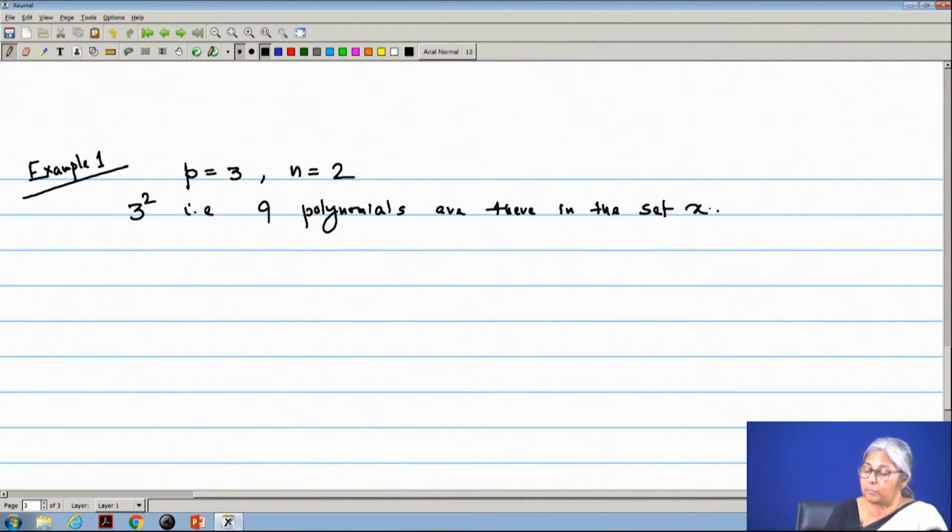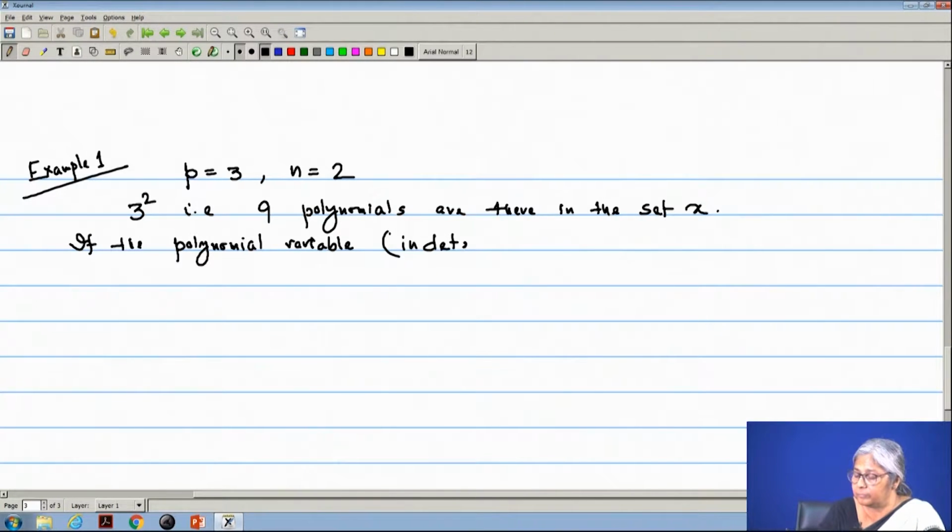So, if we consider the polynomial variable, normally we call the indeterminate, if it is x, then what are the polynomials?